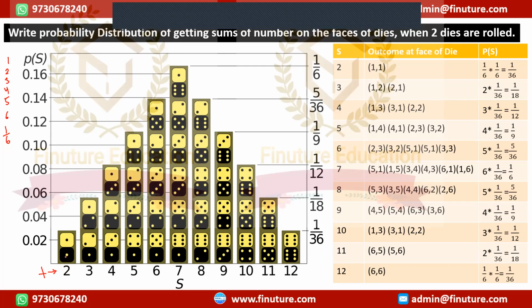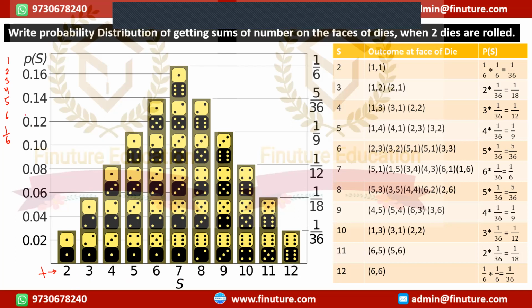Likewise, the maximum value this experiment can take is 12, when you have 6 and 6 on both dice. All the numbers from 2 to 12 are possible outcomes for this experiment, where you are recording the sum of the outcomes that come on the dice.